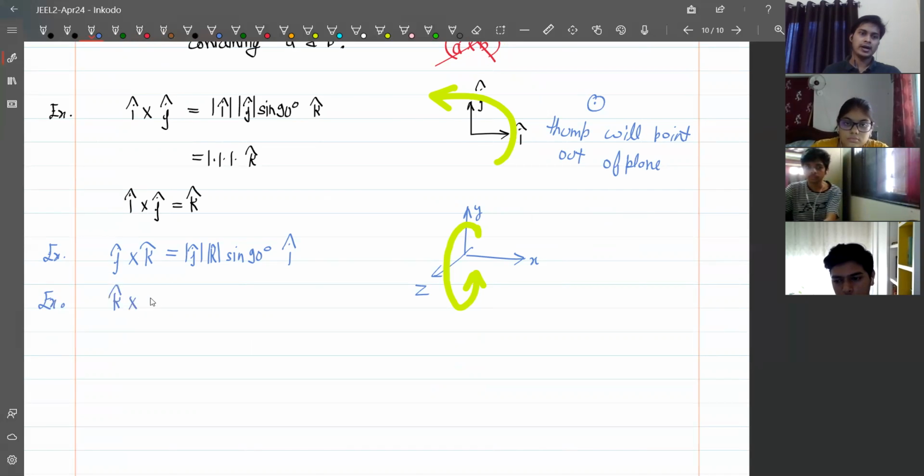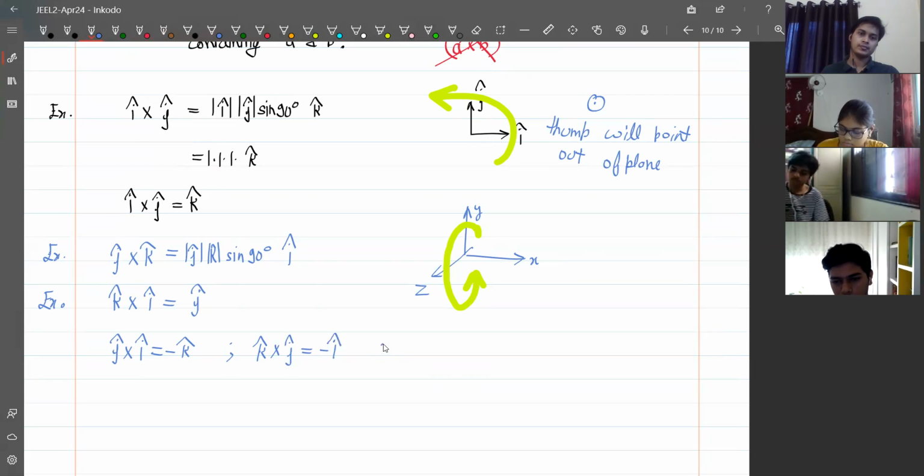Similarly, K cross I will be J cap. Then if you write the opposite, J cross I, it will be minus K cap. Then K cross J is minus I cap. And I cross K is minus J cap.